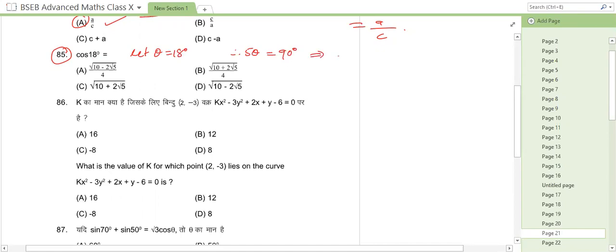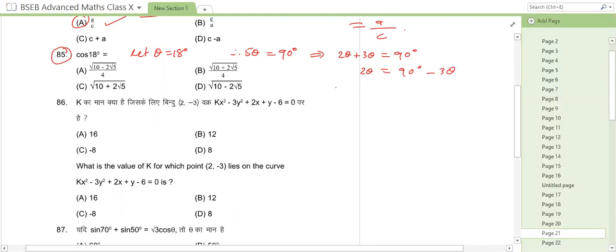This implies you can break up the 5 theta into 2 theta plus 3 theta, equal to 90 degrees. So 2 theta is equal to 90 degrees minus 3 theta.